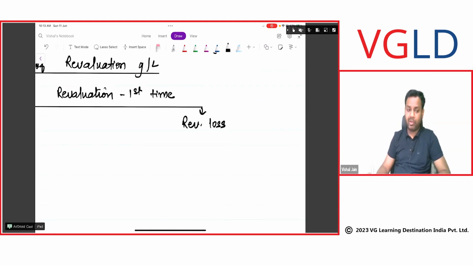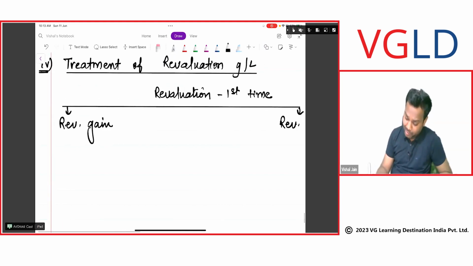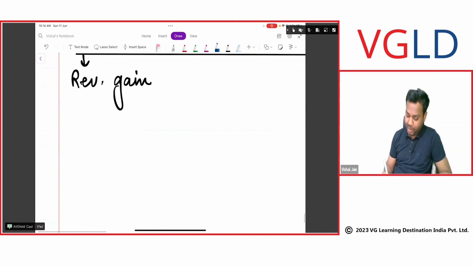If it is a revaluation gain, it will be recognized where?